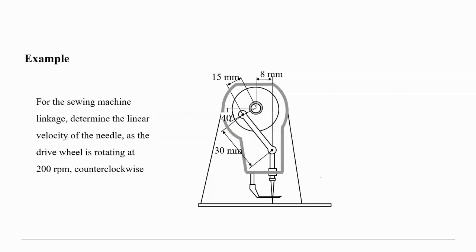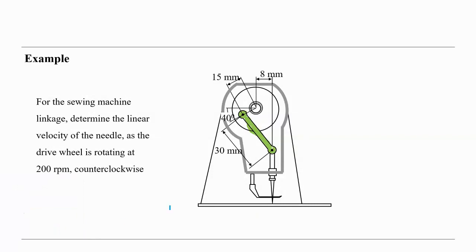So another example here we have is a shaping machine. You see the shaping machine here, but the mechanism is not given, so we have to show that this is the mechanism. This is the coupler, for example, here. So this is the coupler, like here you see. And this is the slider.